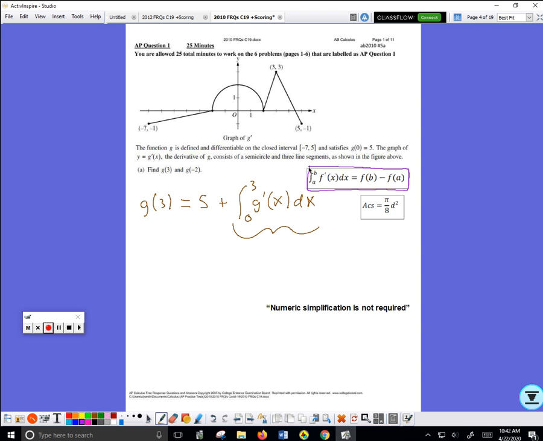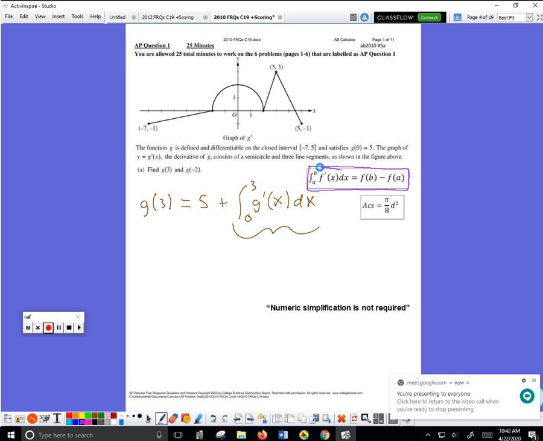See if this helps. You said a minute ago that you don't have a problem remembering that when you integrate the rate, you find the change in the amount. Is that correct? Are you comfortable with that idea? Yes. So that's what the fundamental theorem is saying.